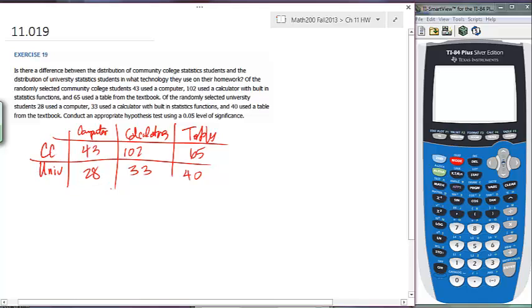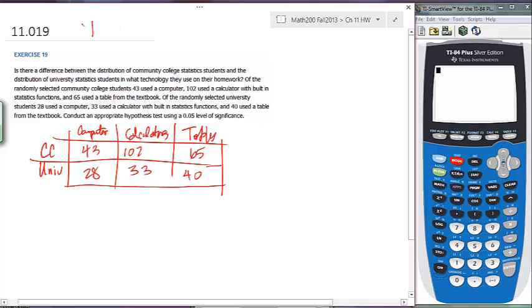So it's almost like a goodness of fit test, but for more than one group. Seems a little complicated, but the good news is that the procedure that we're going to take is very similar, exactly the same actually, as the test for independence.